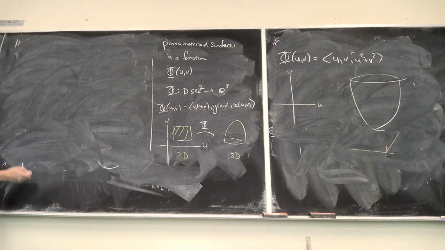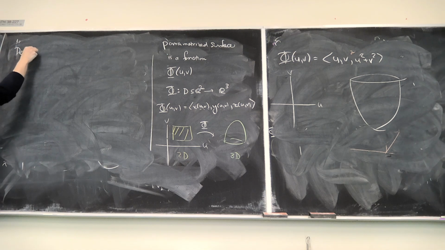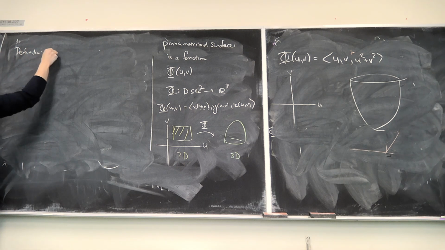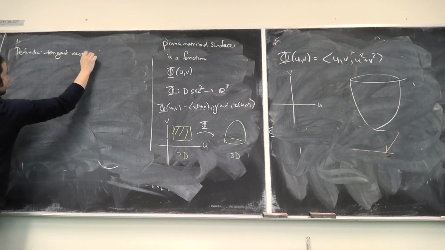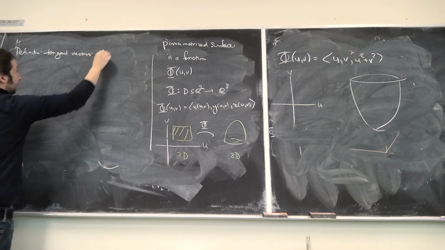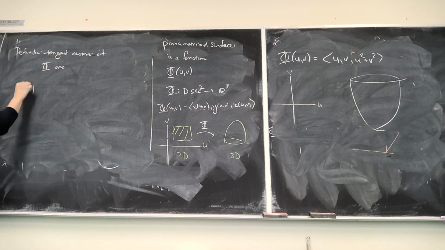Okay, the first thing I'm going to need is some notion of derivatives, so I'm going to make a definition. The tangent vectors of phi are, and this is slightly different from the book's notation, I'm trying to emphasize that these are tangent vectors.